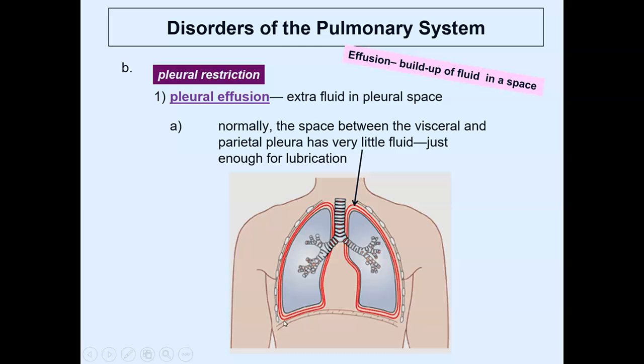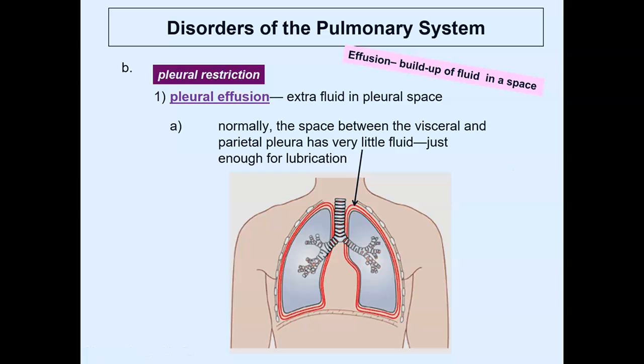We have the parietal pleura, which is closest to the chest wall, and then we have the visceral pleura, a thin membrane over each lung. Within the pleural layer, there is always a little bit of fluid, because as the chest wall moves up and down with inhalation and exhalation, that fluid is there so that friction doesn't form. Those 2 pleural layers slide over each other with the process of breathing.